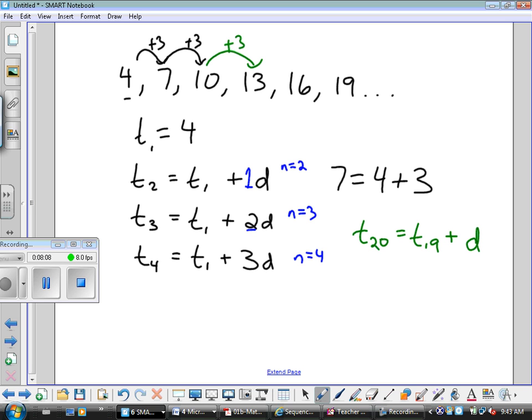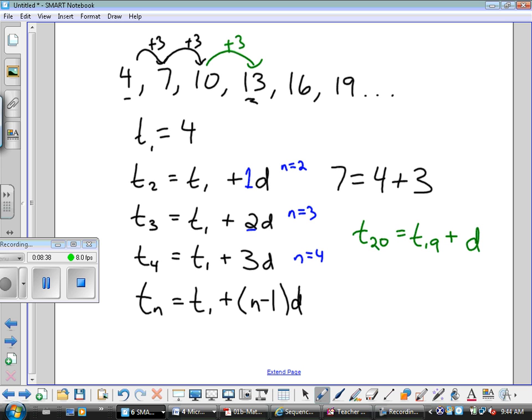So I think we can safely say that for any term, we would take the first term, and then we would add how many factors of d? Well, not n, but 1 less than n. Because when you get to the fourth term, you only had to go up 3 steps. To get to the fifth term, you only had to go up 4 steps. So that's where we get the n minus 1 from.